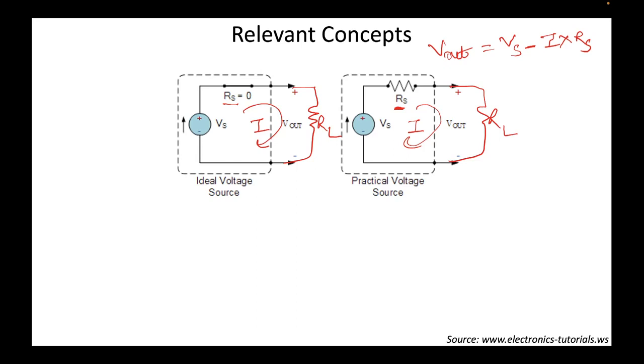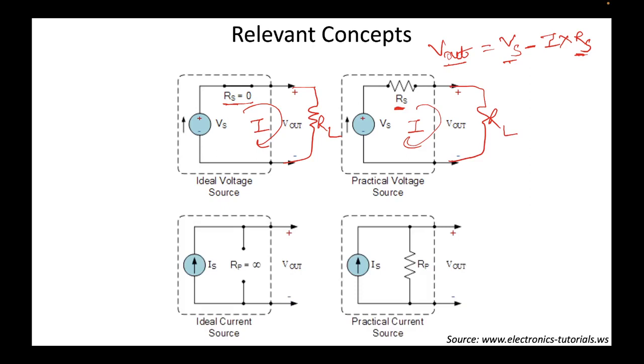In case of a practical voltage source, since Rs is a non-zero number, Vout will always be smaller than Vs, which is not the case in an ideal voltage source, since Rs equal to 0, and if we put Rs equal to 0, Vout will come equal to Vs. In other words, in a practical voltage source, some voltage is dropped inside the voltage source itself.